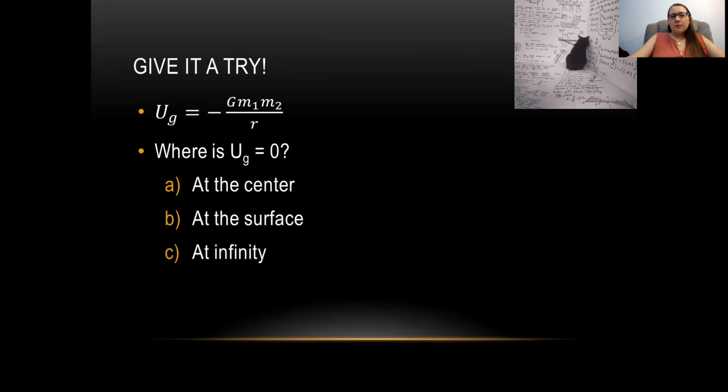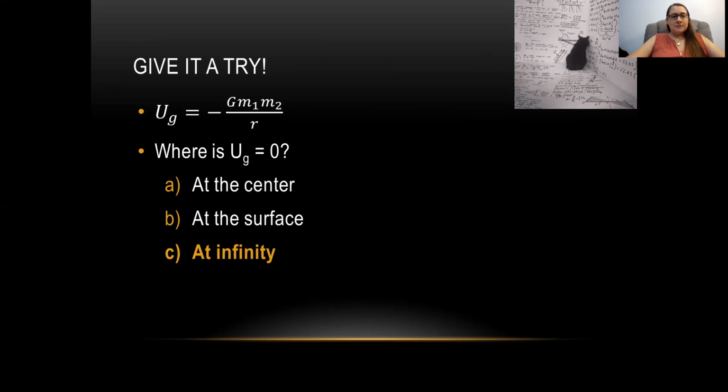At what point is this gravitational potential energy equal to 0? It would be at the center of an object, the surface of an object, or at infinity. Well, it's at infinity. It would be 0.